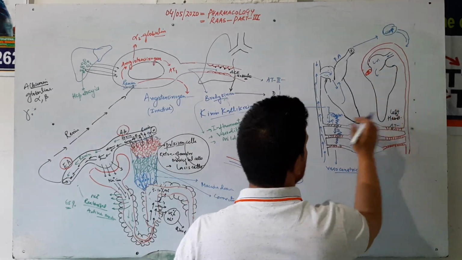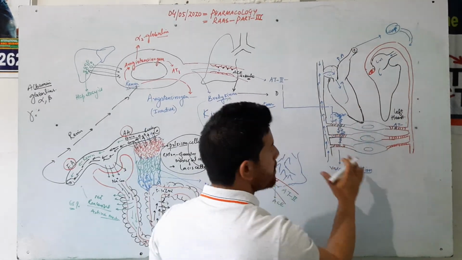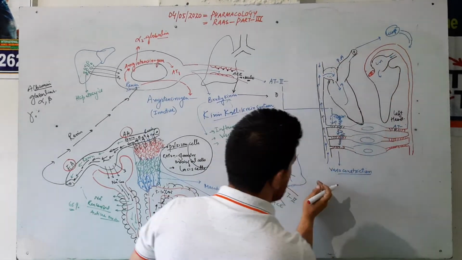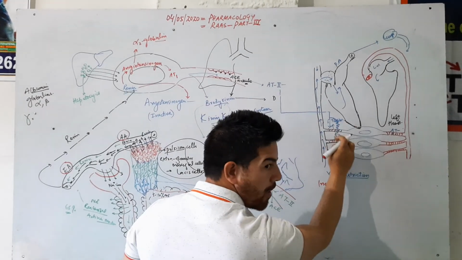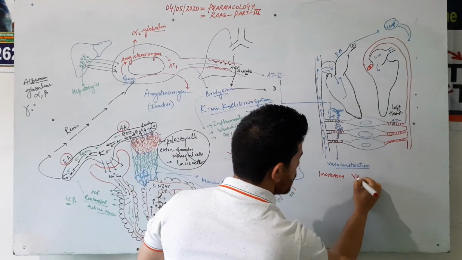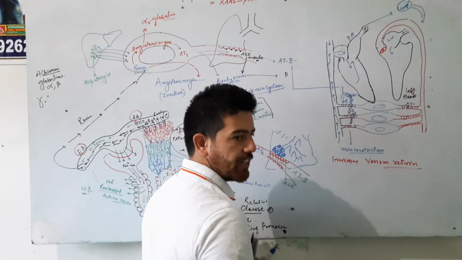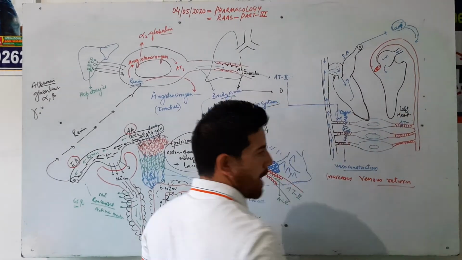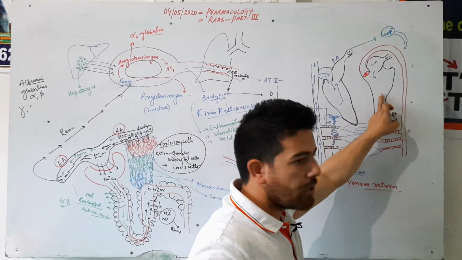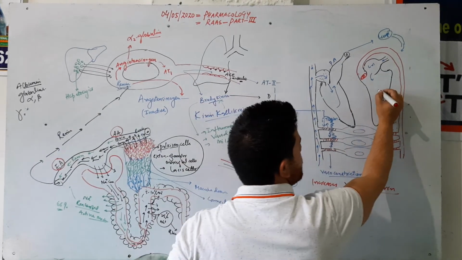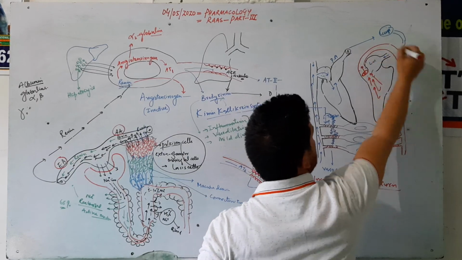And now you know that majority of the blood has been pushed. It means this AT1 upon vasoconstriction increases venous return, which finally upon oxygenation enters into the left ventricle, and left ventricle will push this huge amount of blood through this aorta to all parts of the body.